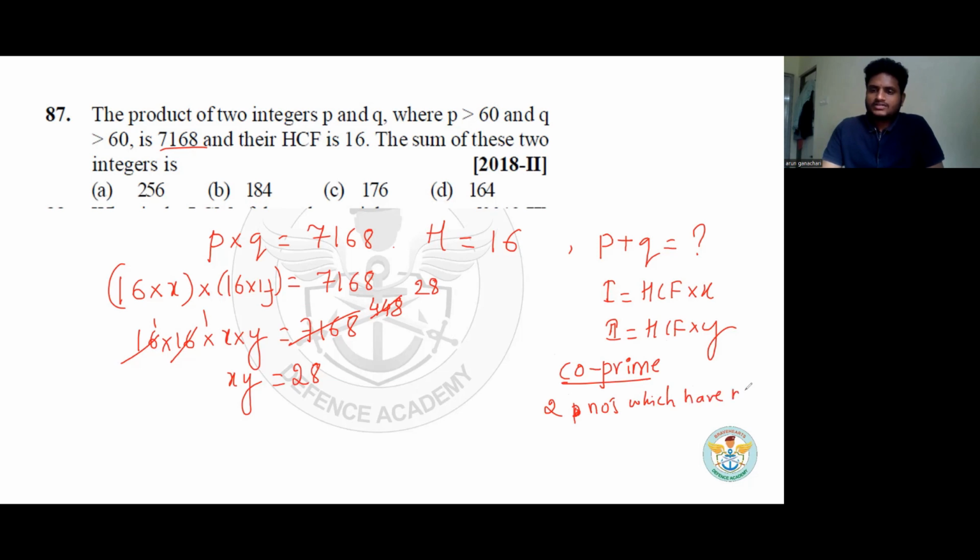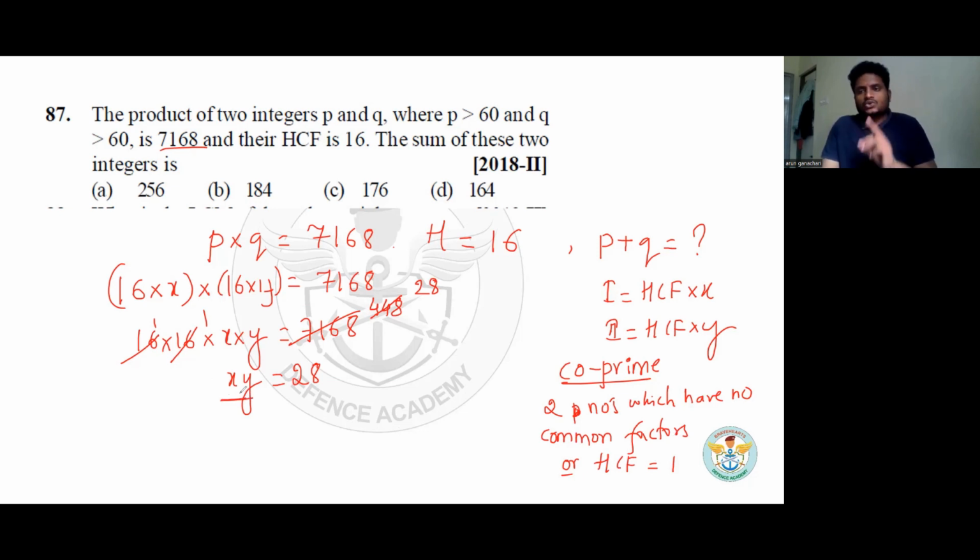Two numbers which have no common factors, or their HCF is equal to 1. These numbers are called co-prime.